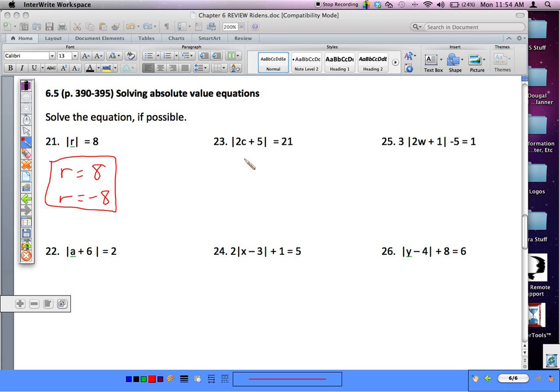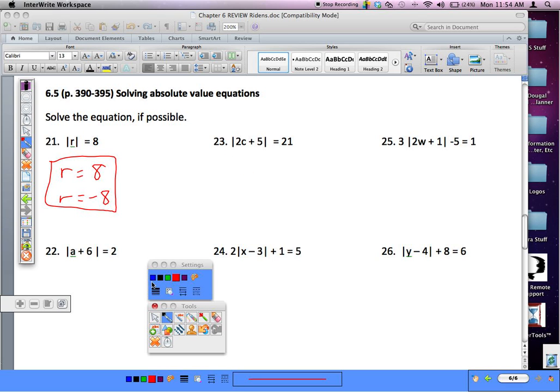Okay? If you have one that has outside terms, you got to get rid of those first, and then later on you'll get rid of the inside terms to solve this one. So how do I get rid of 3 and negative 5?